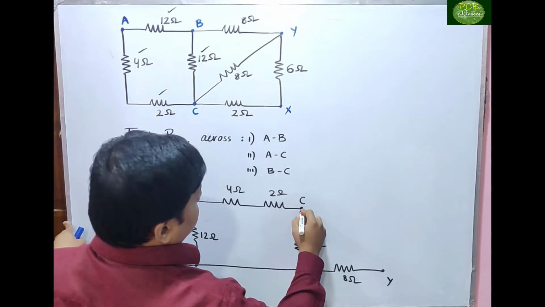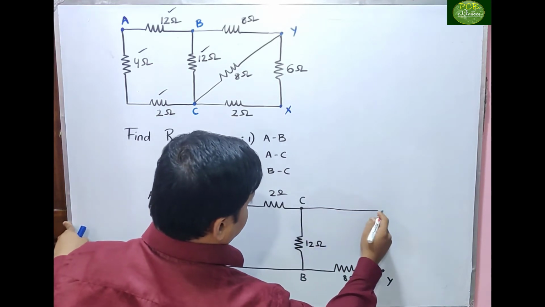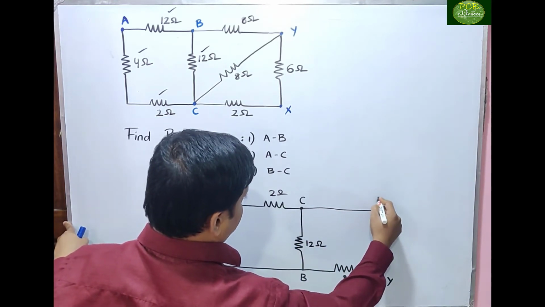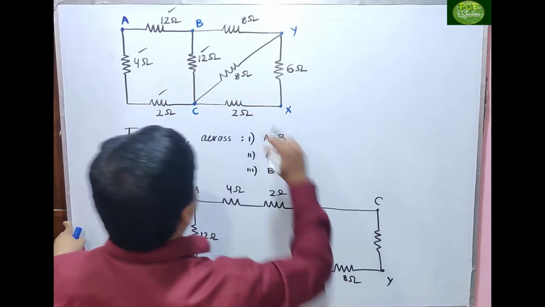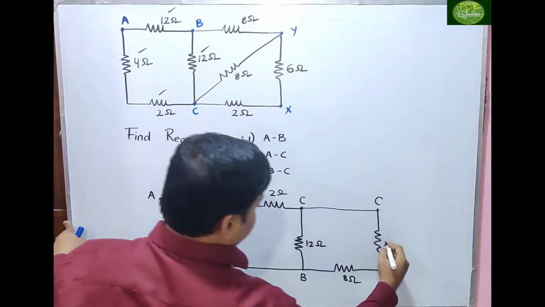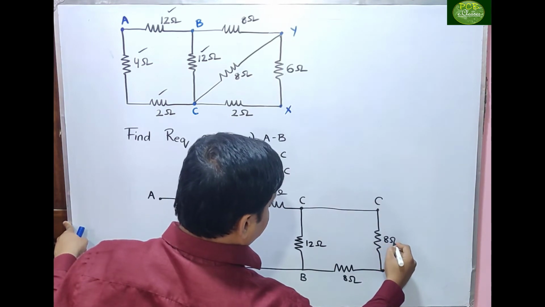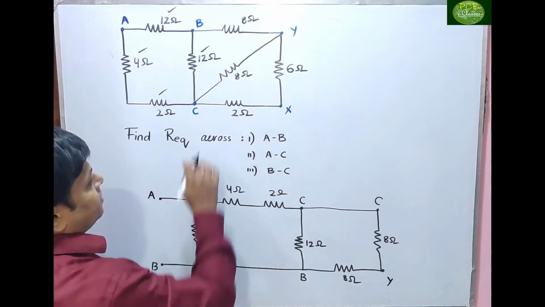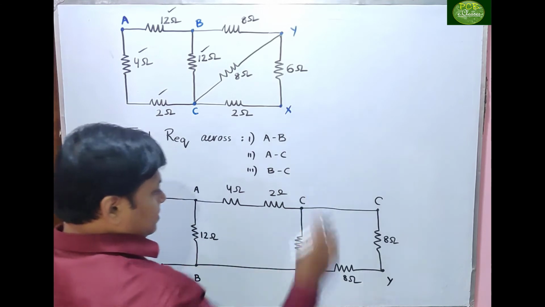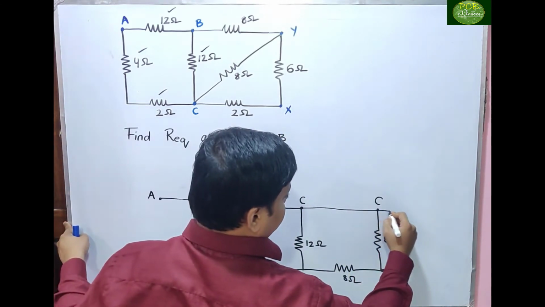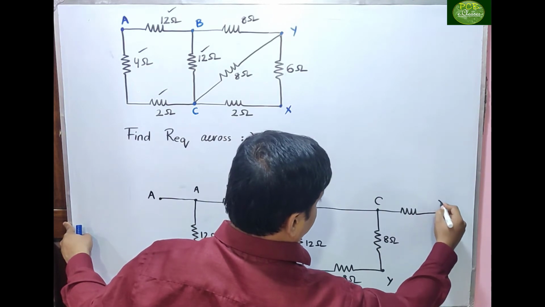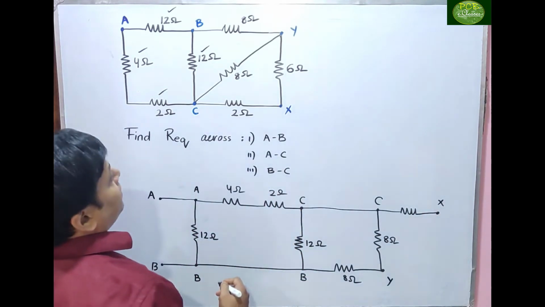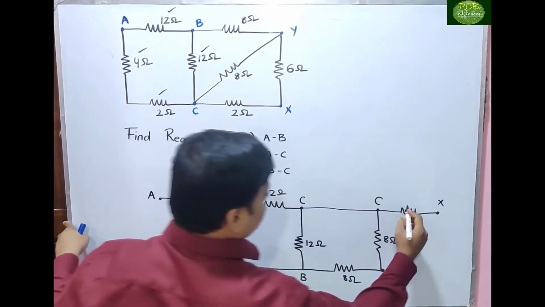C to Y, what is present? Can I say this point is C? C to Y, it is 8 ohm. Next, C to X. X is a point. C to X, what is present? 2 ohm is present.